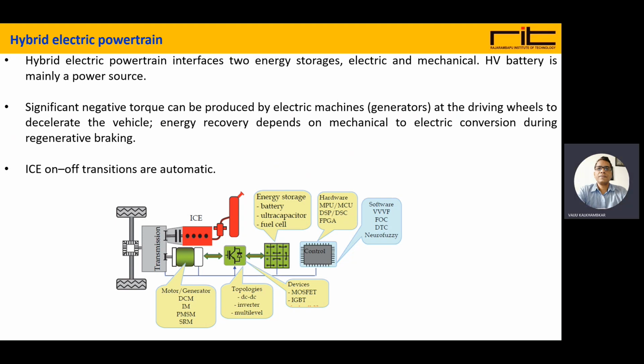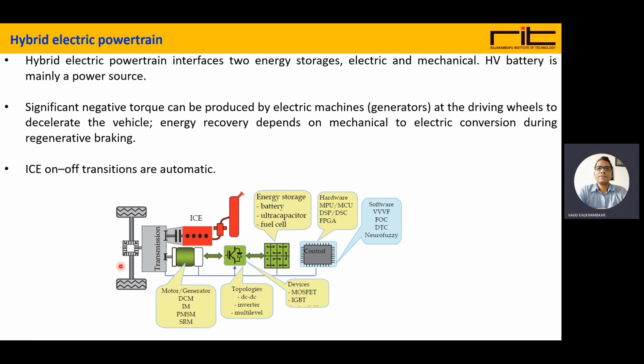IC engine on-off transitions are also automatic in the hybrid electric powertrain. So mostly the IC engine will be turned on or turned off as there is the support of the electric motor. So it is possible to turn off or turn on the engine whenever required, keeping the electric motor for driving purposes. Here we can see the hybrid electric powertrain.